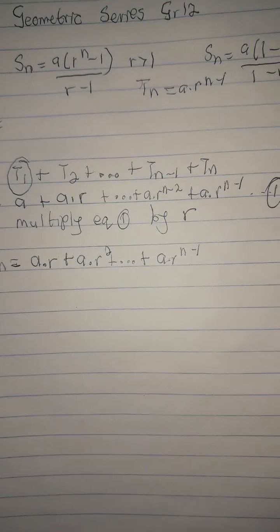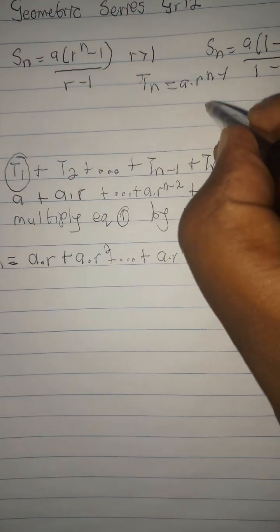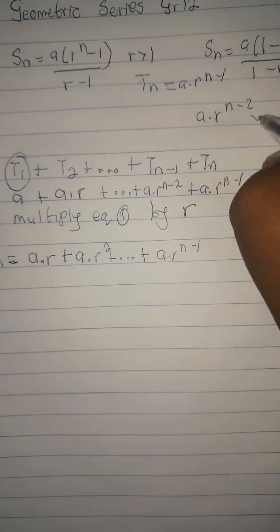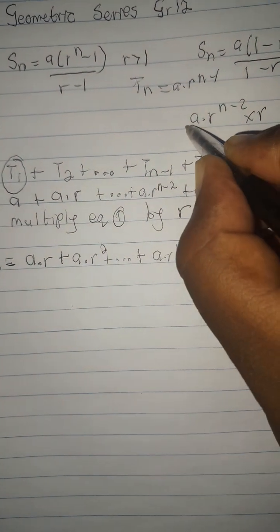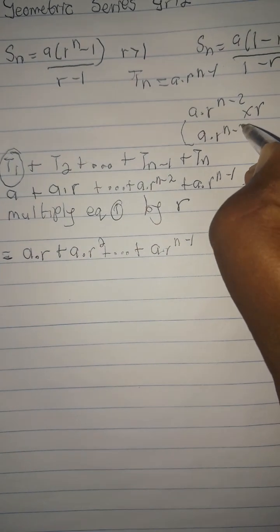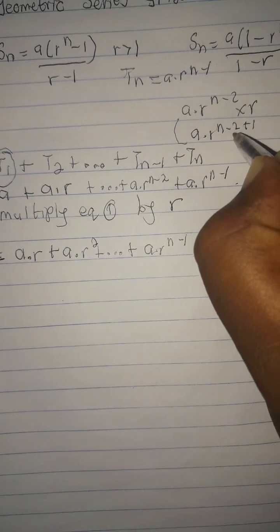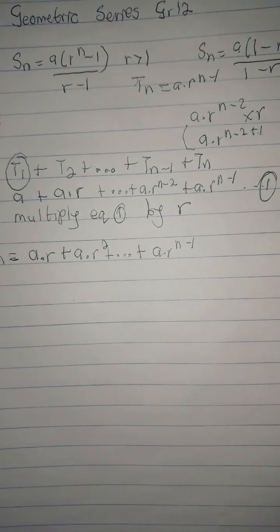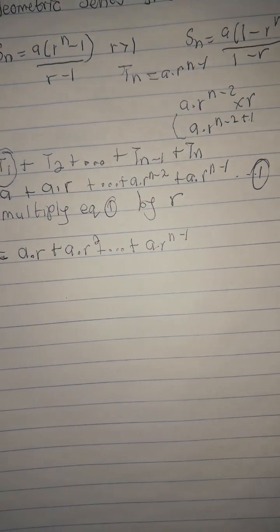Why am I left with ar^(n−1)? Remember, you have ar^(n−2). You multiply it by r. The bases are the same. Remember the invisible 1 here, plus 1. So what is negative 2 plus 1? That will be negative 1. So that's why we have ar to the power of n minus 1.